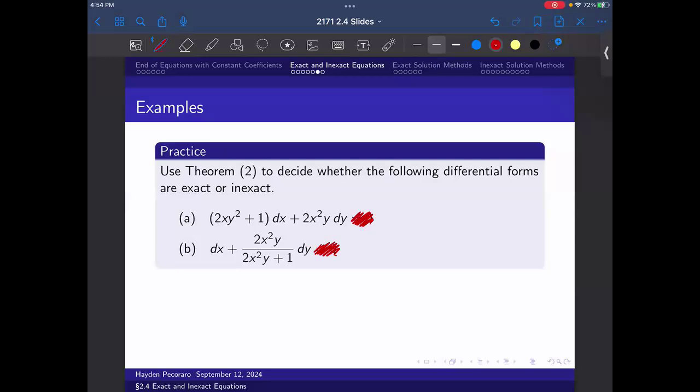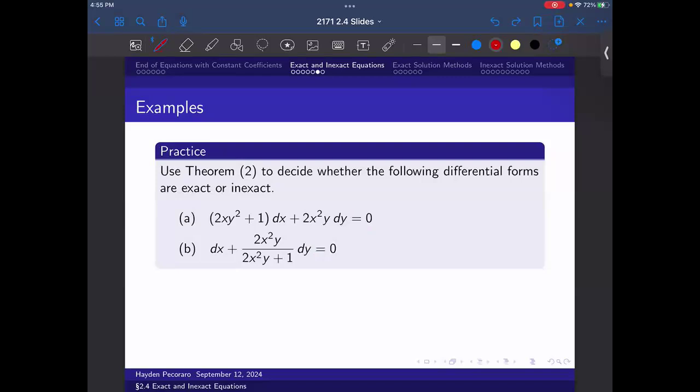So we have an answer. Is A exact? Yes, it is. Is B exact? No, it is not. Are these the same differential equation if I erase the red part? Yeah.